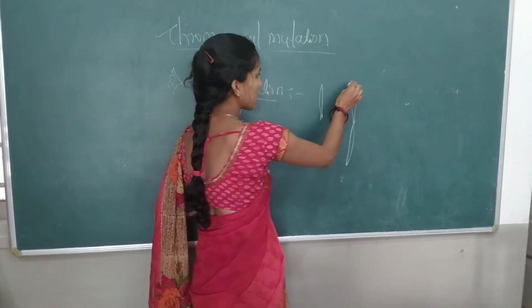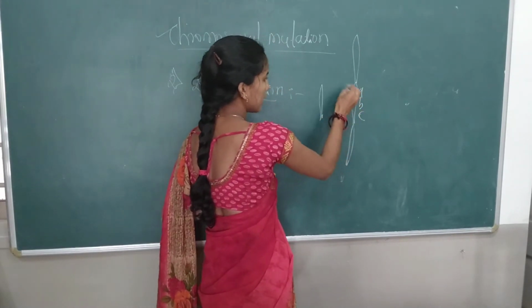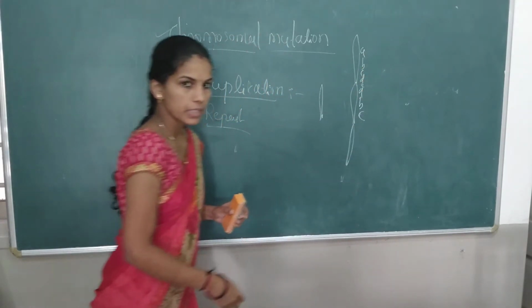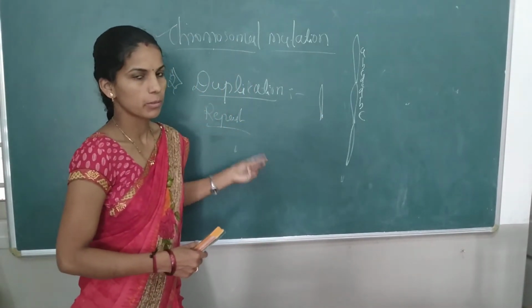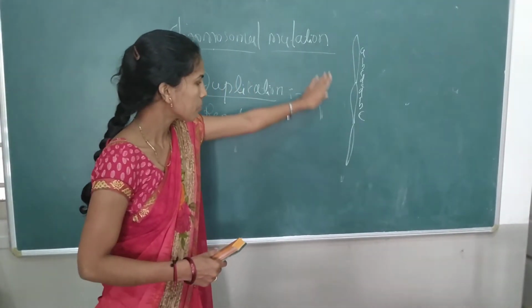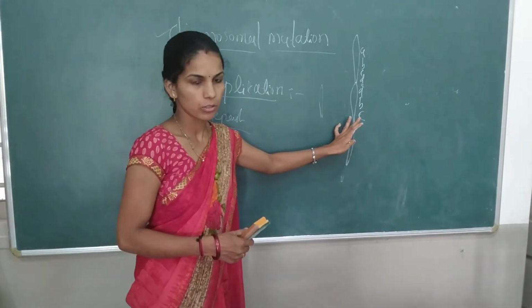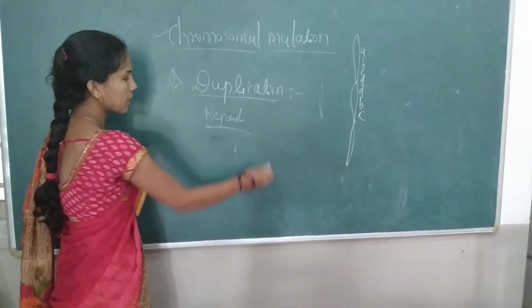So this one already has the genes A, B, C, and again it has A, B, C, D, E. The detached part of the chromosome comes and attaches to this chromosome. Then this chromosome is called the duplicated part of the chromosome here. So the added genes we call the repeat here.